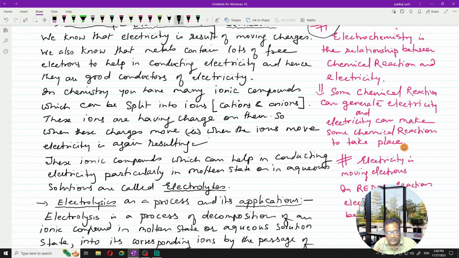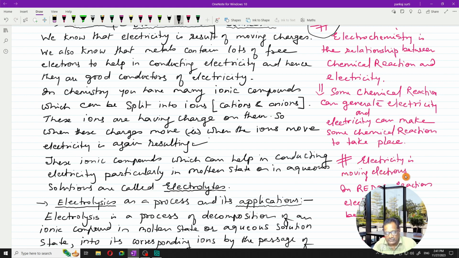There are certain chemical reactions which are helpful in generating electricity, and there are certain chemical reactions which cannot happen at all without electricity. So electricity and chemical reactions have some sort of connection between them.